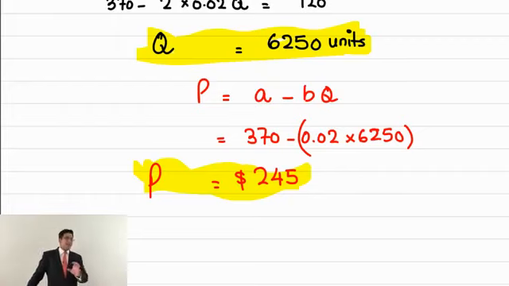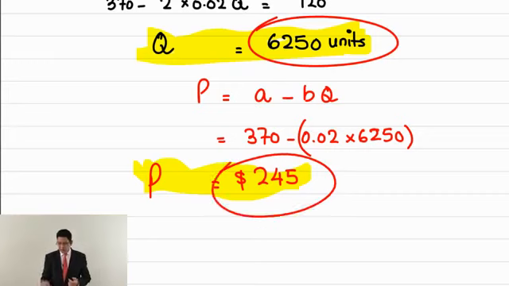So theoretically what we are saying is, if we sell one washing machine for $245, we can sell around 6,250 washing machines. Let's double check what would be the likely profit if this happens, that we sell washing machines at 245 and sell 6,250 units.